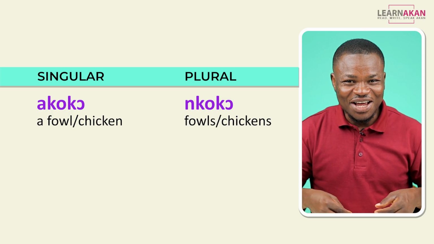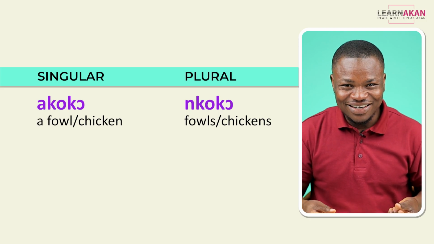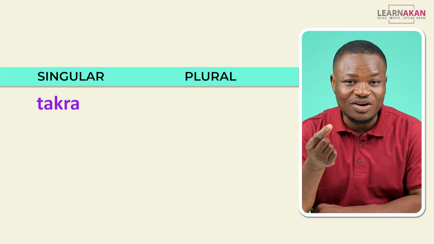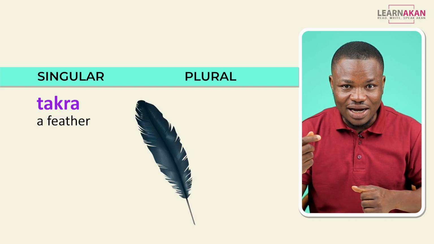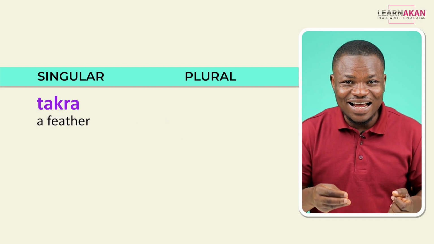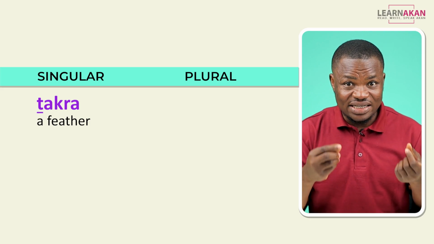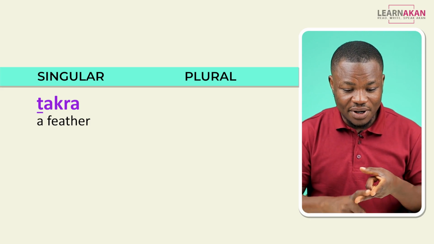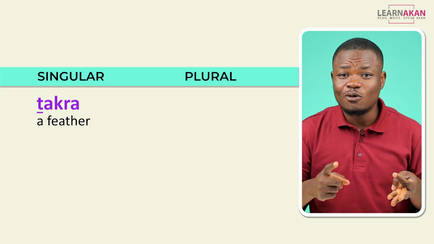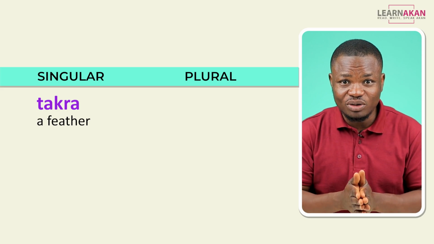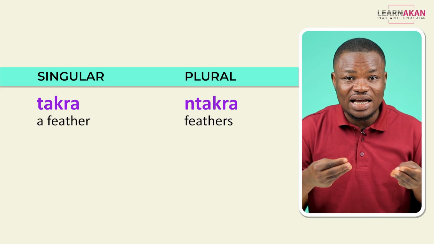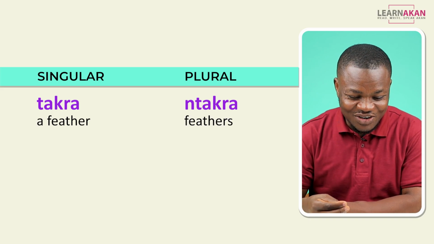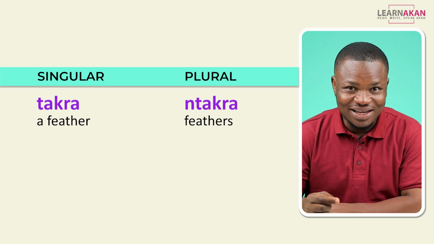To another example, we have takra, and takra is a feather. This starts with t, which is neither b, p, nor f. So to form its plural, you simply bring in front and we have ntakra.